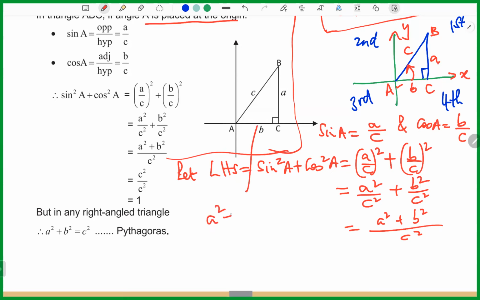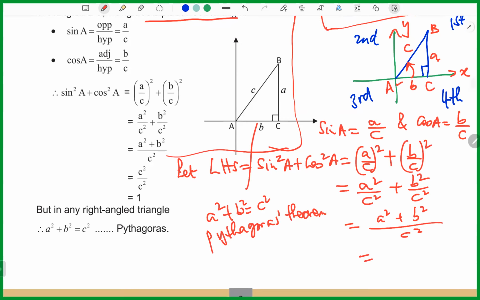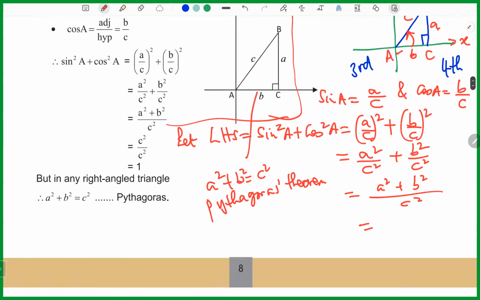A squared plus B squared is C squared. So it is C squared over C squared, which is 1.